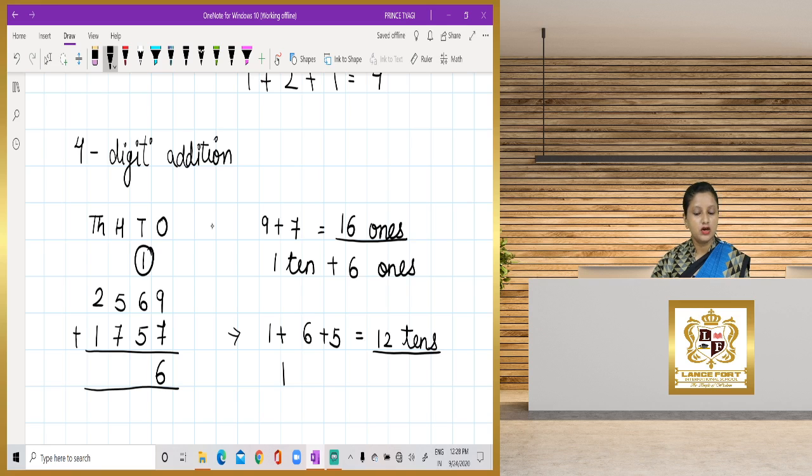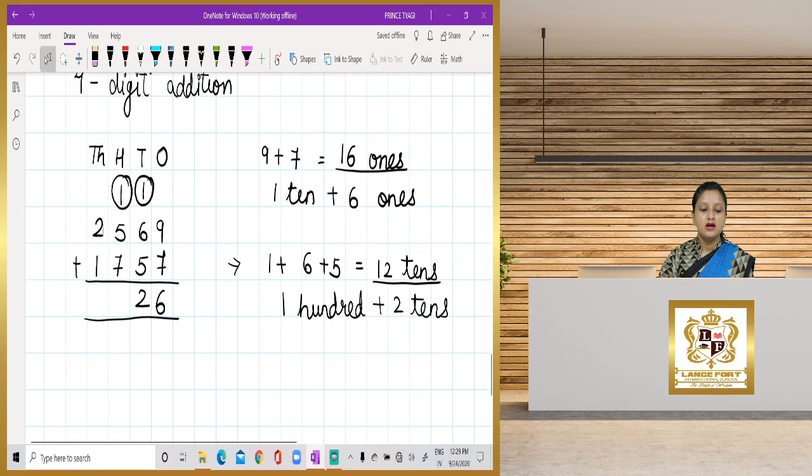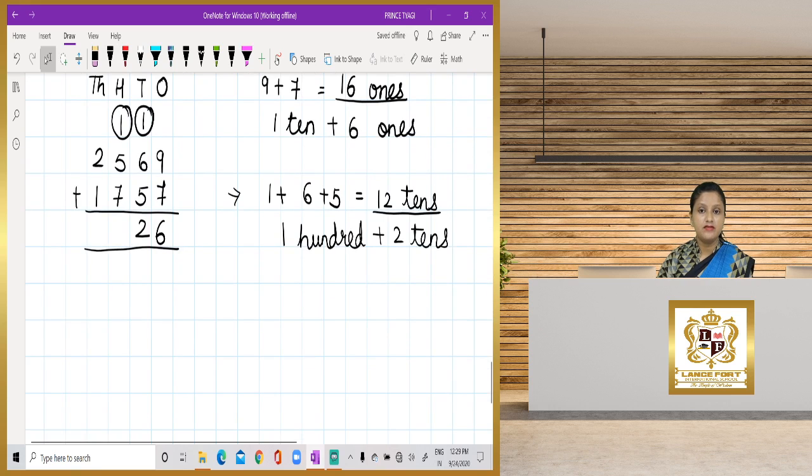When we regroup this, we'll get 1 hundred and 2 tens. So write 2 in the tens place and carry over 1 to the hundreds place. Write 1 above 5.